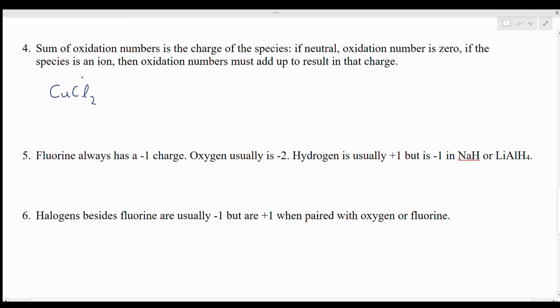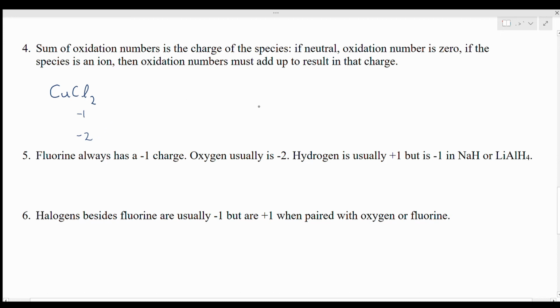So following our oxidation number rules, we know that chlorine will have an oxidation number of -1 because it is a halide, and because there are 2 chlorines, then the total charge coming from chlorine is going to be -2. That's just 2 times -1.